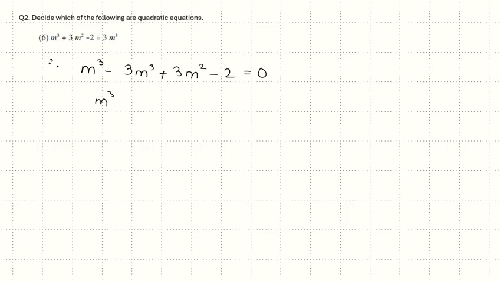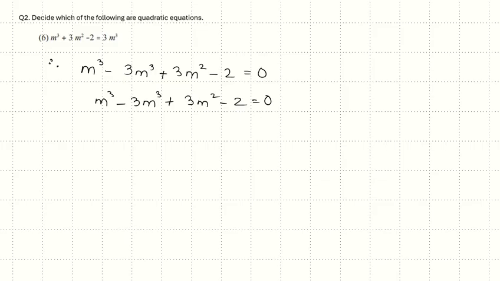m cube minus 3m cube, this is cube, plus 3m square minus 2 is equal to 0.